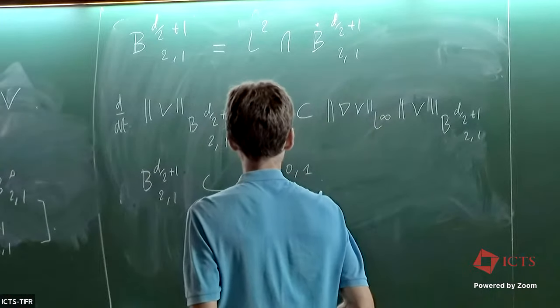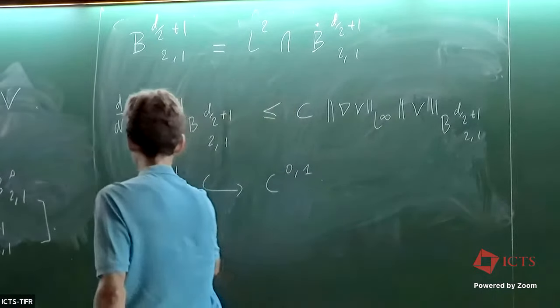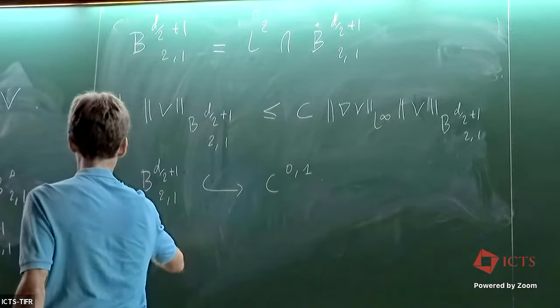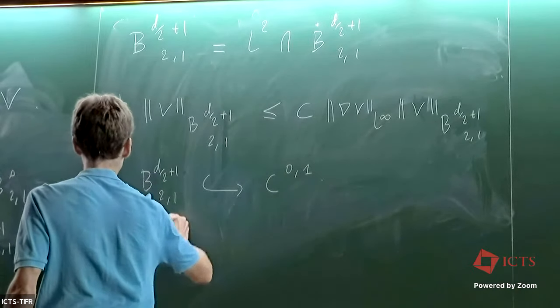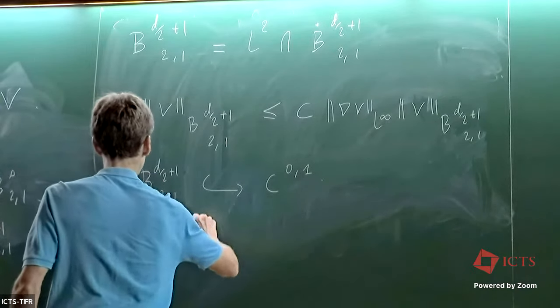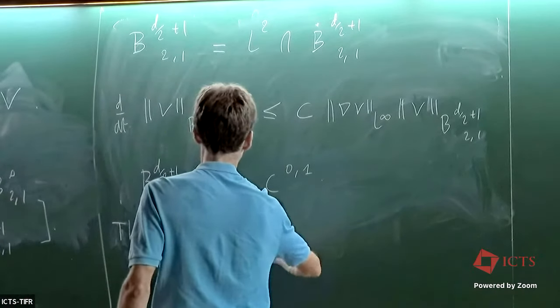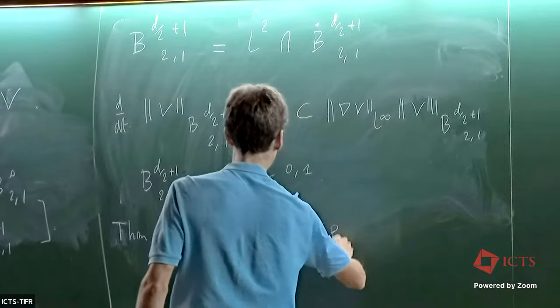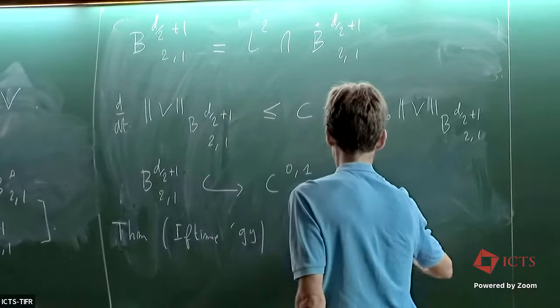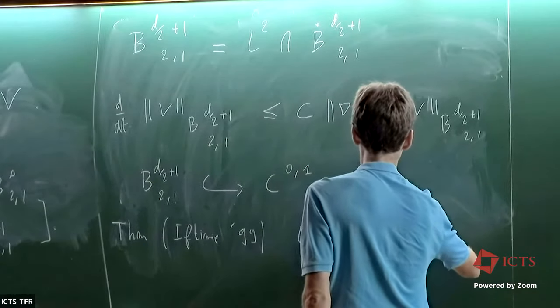Consequently, you end up with local well-posedness. So the result has been first proved by Yves Tinier in 1999. You have local well-posedness in this space.